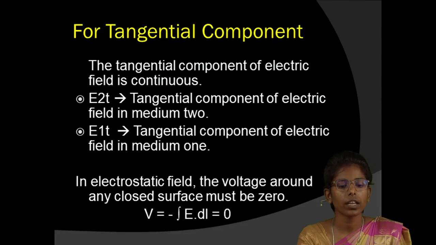E2t indicates the tangential component of the electric field in medium 2, and E1t indicates the tangential component in medium 1. In an electrostatic field, the voltage around any closed path must be 0, which is represented by V equals minus the integral of E dot dl equals 0.